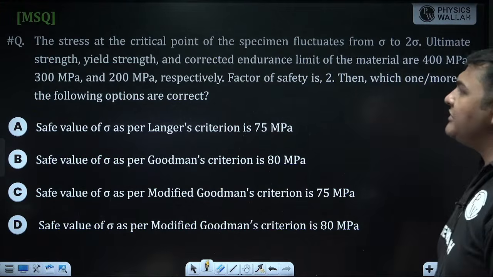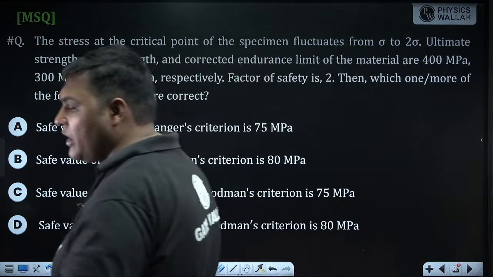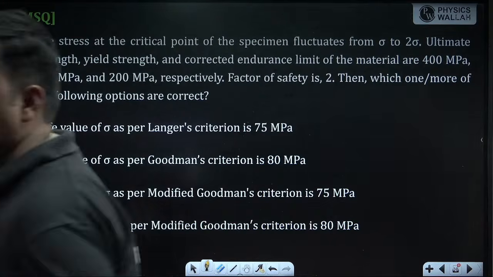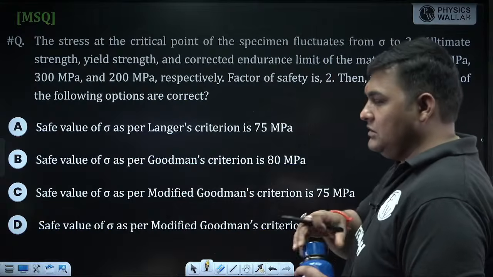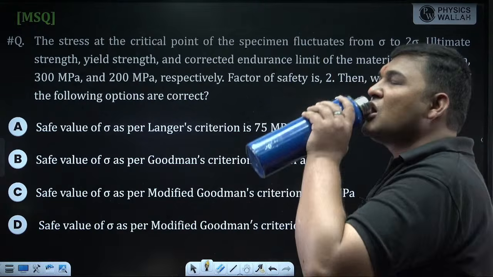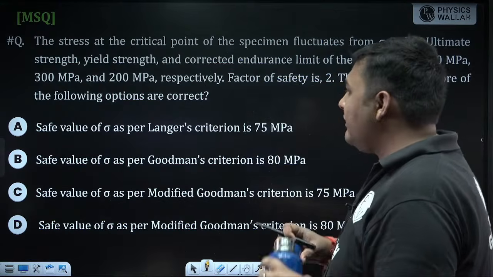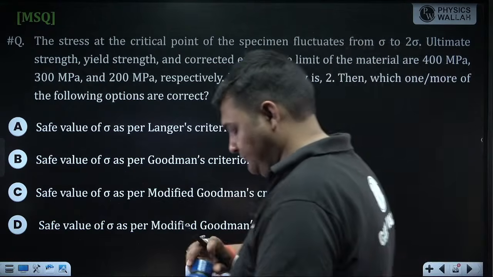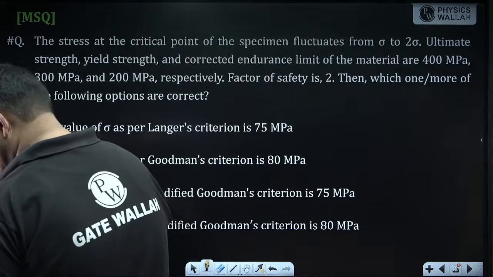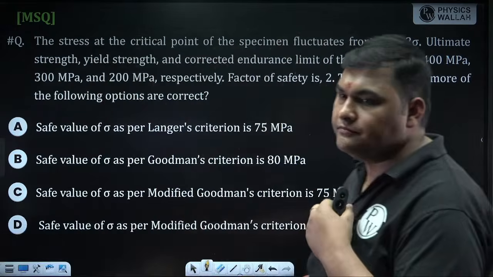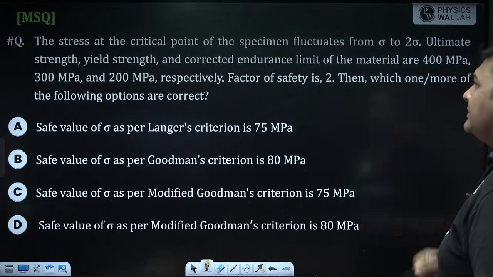Now one question I am discussing related to modified Goodman criteria. Try this question. See what this question is saying.